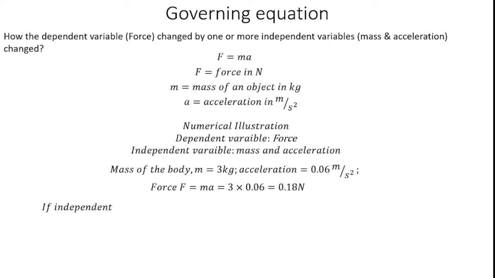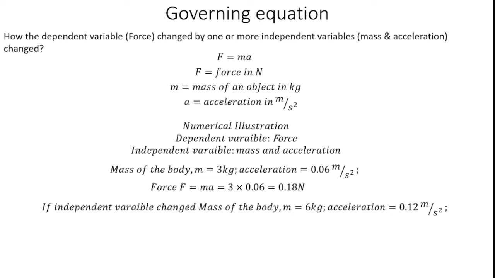Then if the independent variables are changed, the mass of the body is 6 kg and the acceleration is equal to 0.12 meter per second square. So the force F is equal to ma is equal to 6 into 0.12, 0.72 Newton. Likewise, we can frame the governing equation.